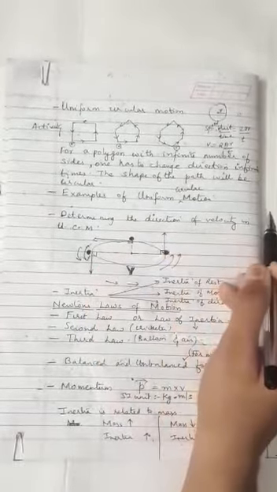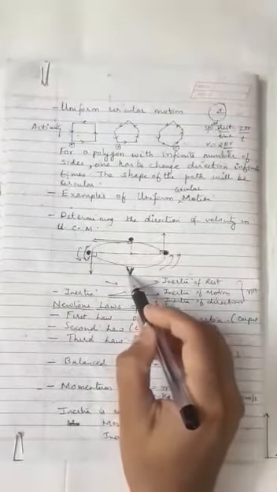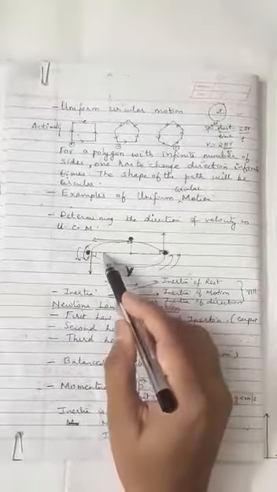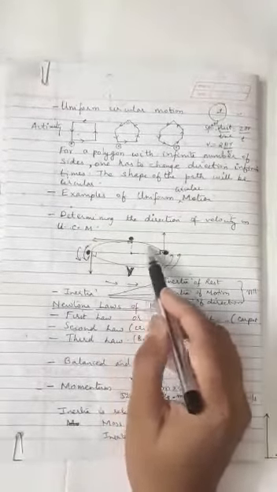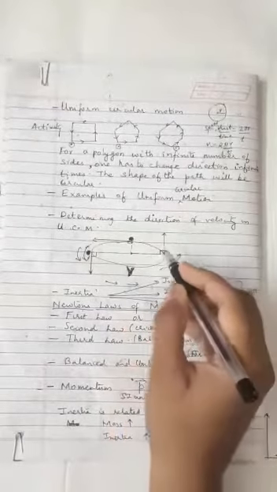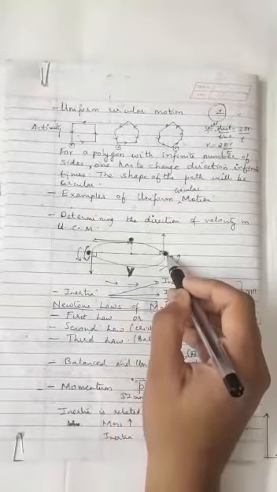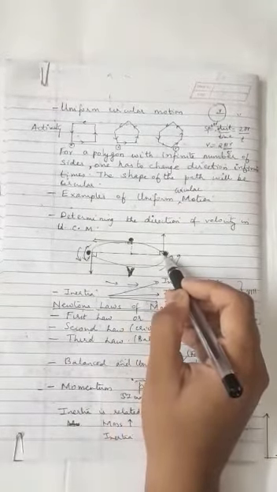Okay children. Now the next activity is to determine the direction of velocity in uniform circular motion. Now children, we have this disc, and this disc is rotating. And over this disc I am going to place a 5 rupee coin. Now as the disc is in motion, the coin will also be in motion, and it will go towards the edges, right?